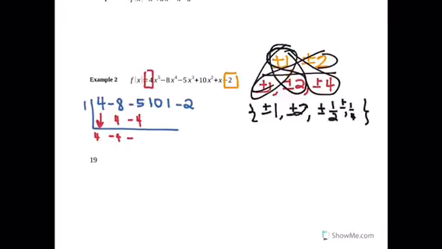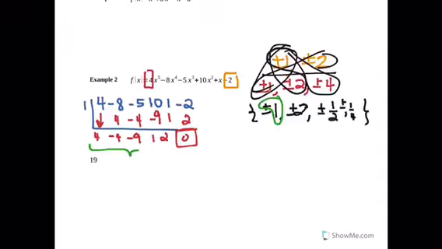Okay, -9, 1, 1, 0. Oh, that's 2, 2, and 0. Okay, so it does in fact go in evenly. We got a remainder of 0. So one of the things that we know works is we know +1 works.